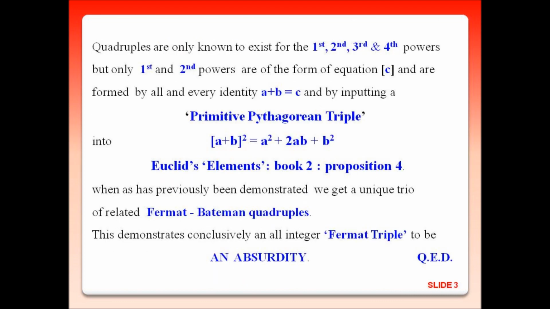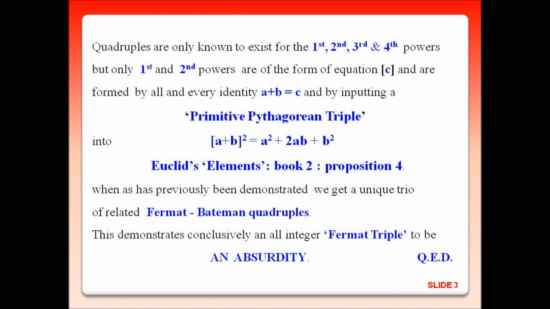Quadruples are only known to exist for the first, second, third and fourth powers, but only first and second powers are of the form of equation C and are formed by all and every identity a plus b equals c, and by inputting a primitive Pythagorean triple into a plus b all squared is equal to a squared plus 2ab plus b squared.